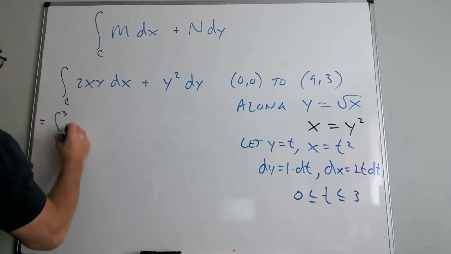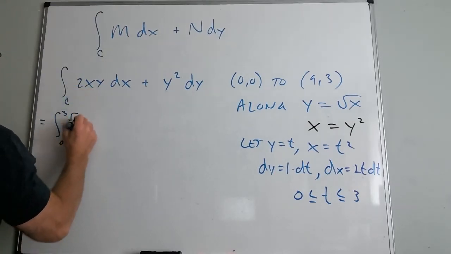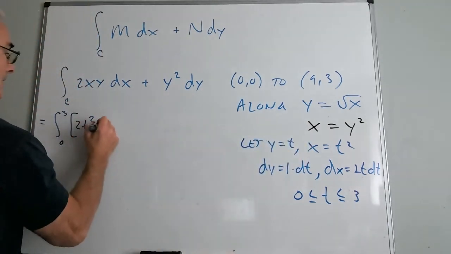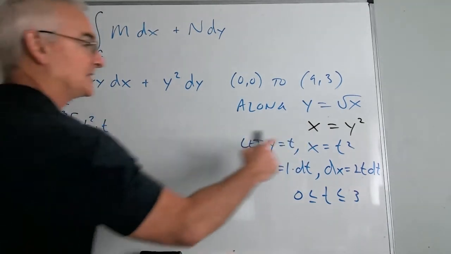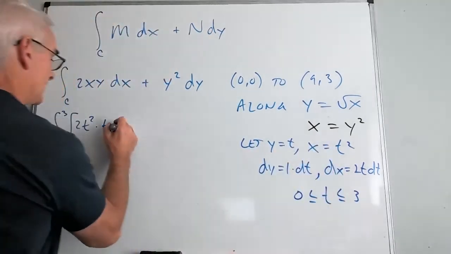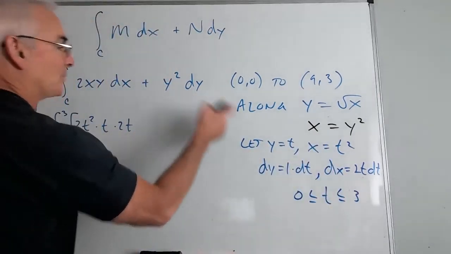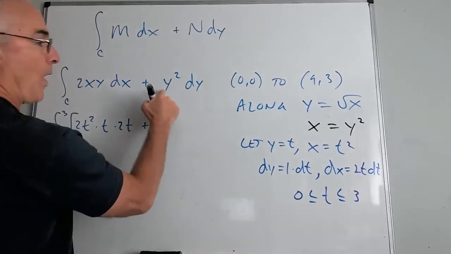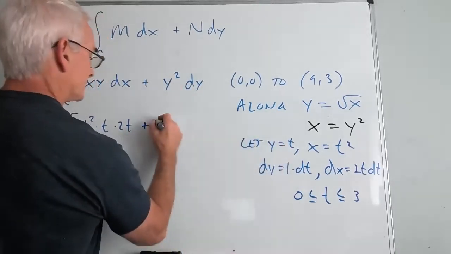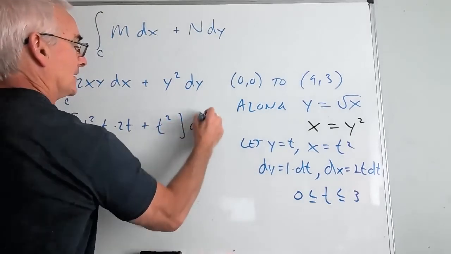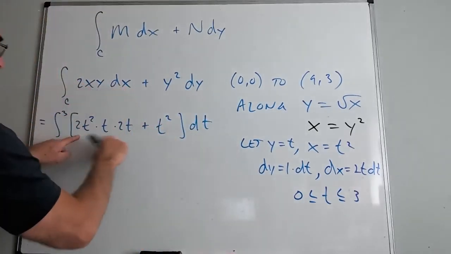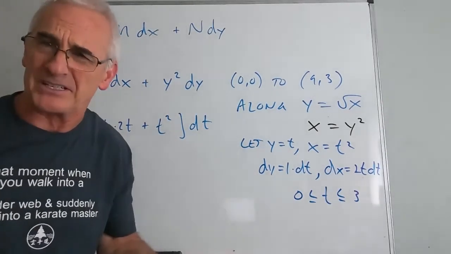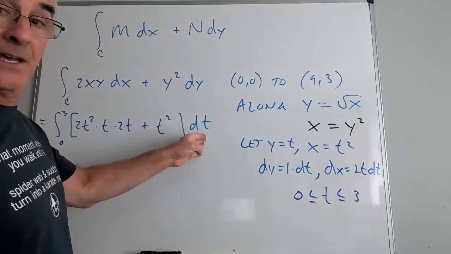Now, what's going to go here? 2 times x times y times dx, which is 2t dt. But I'm going to put the dt at the end because the y also has a dt, plus y squared, and then dt. Technically, it's quantity dt plus quantity dt, which is kind of redundant because it's all dt. So I just put the 1 dt at the end.